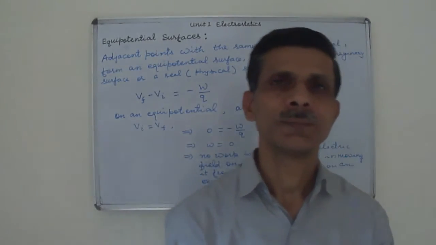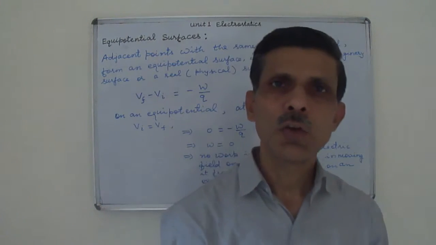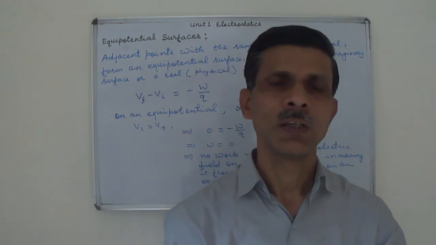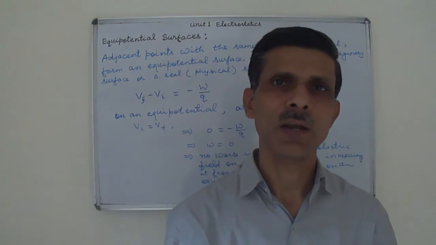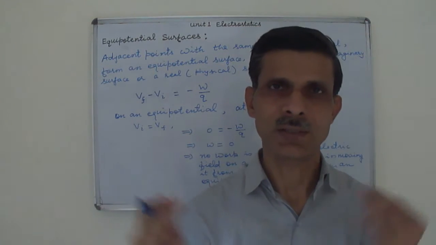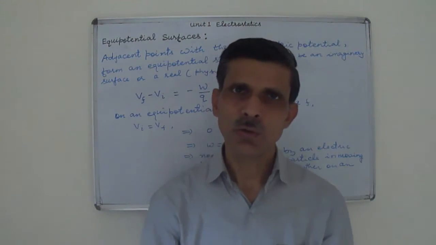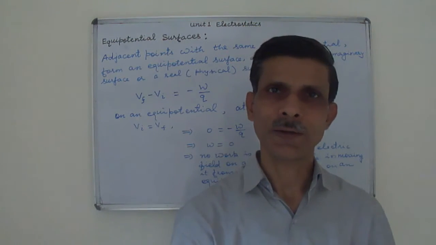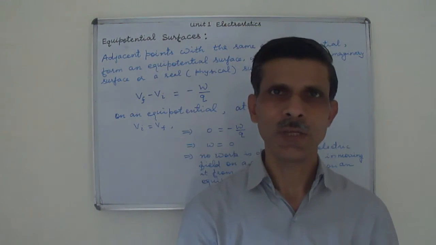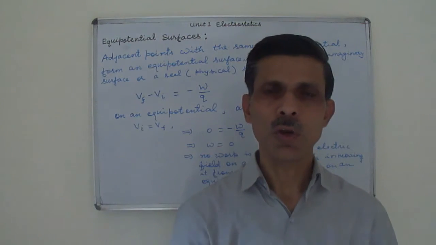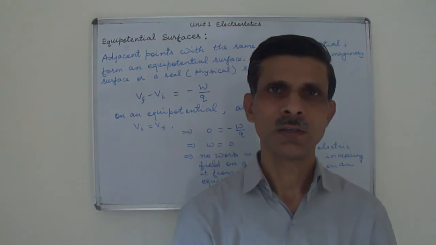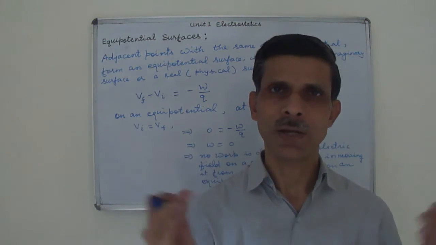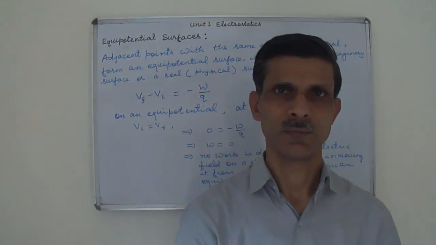Moreover, equipotential surfaces are always perpendicular to electric field lines. And you know, electric field is tangential to electric field lines. This means equipotential surfaces are always perpendicular to electric field vectors.